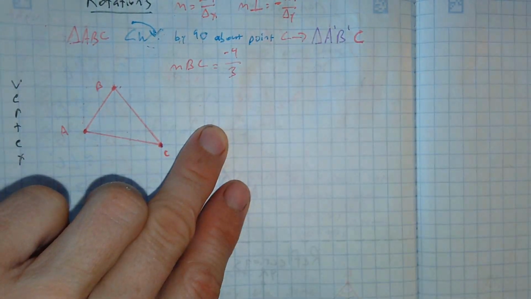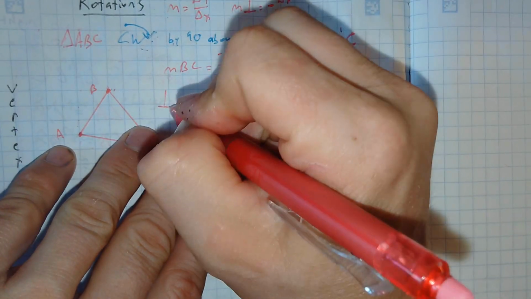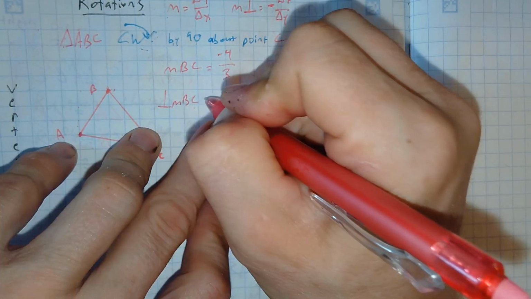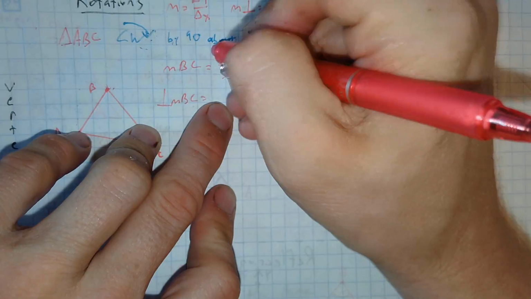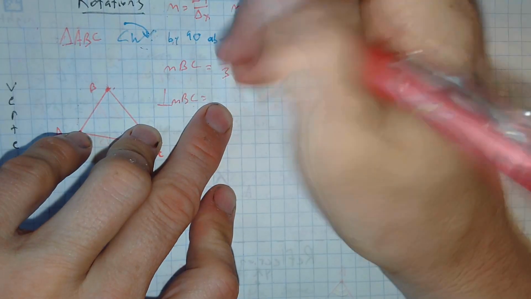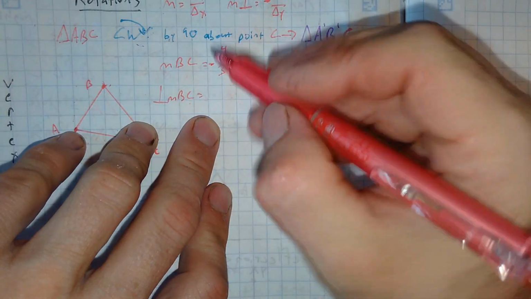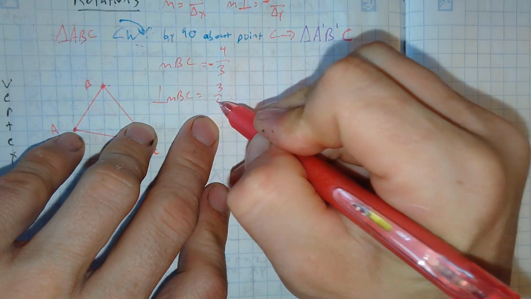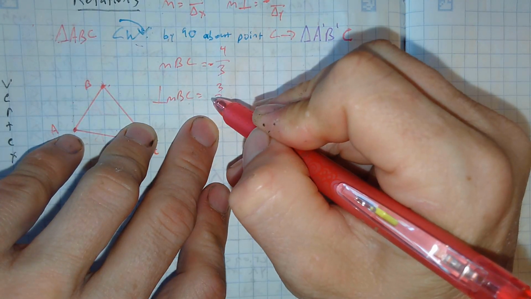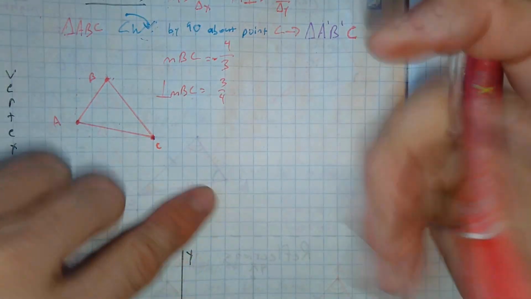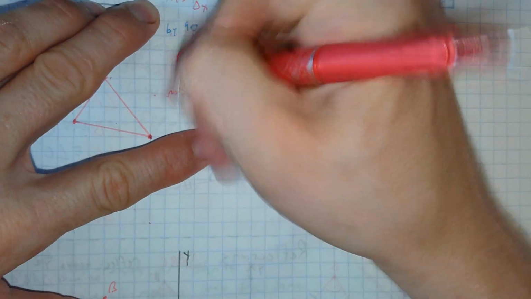So the perpendicular line of BC: remember, this negative sign can come down like that. Now flip it. It's going to be 3/4, and the negative sign changes. Let me move this work over a little bit.